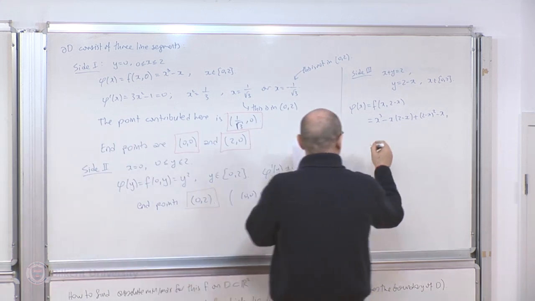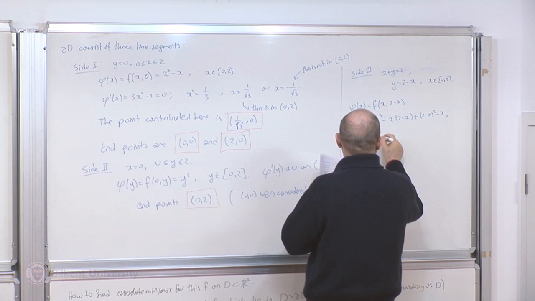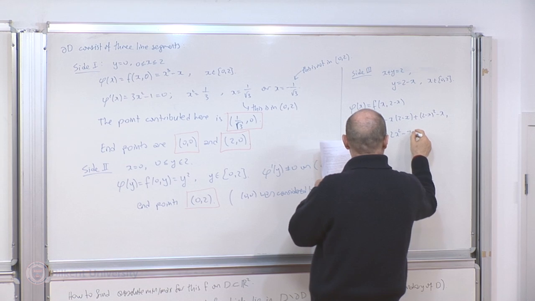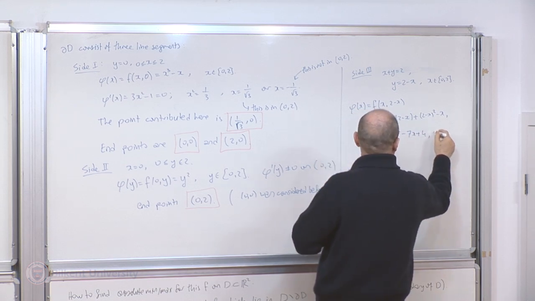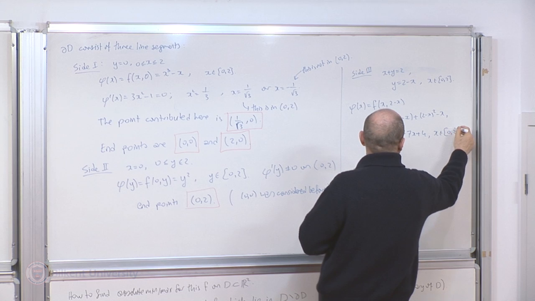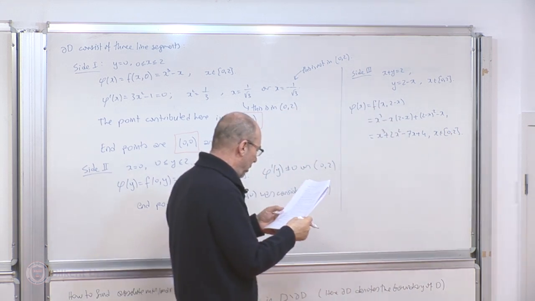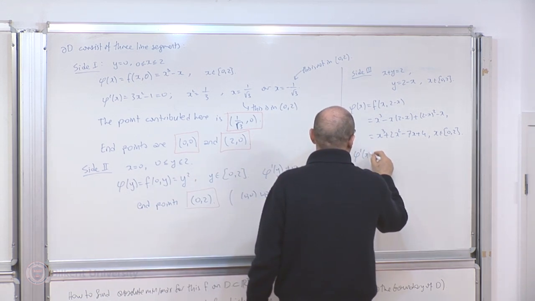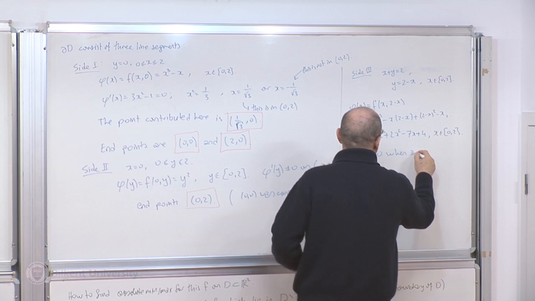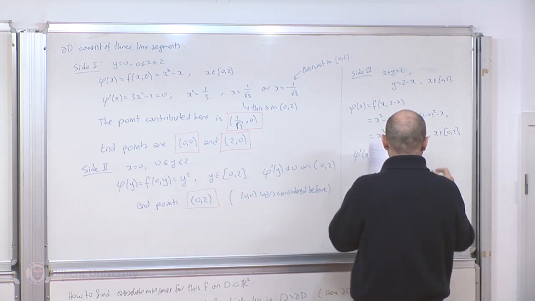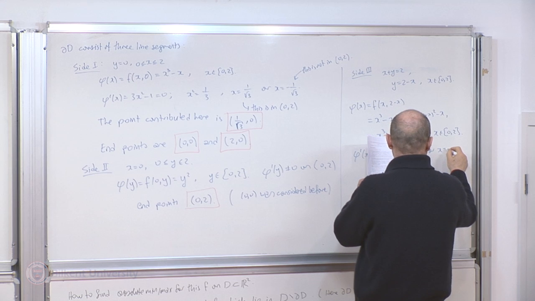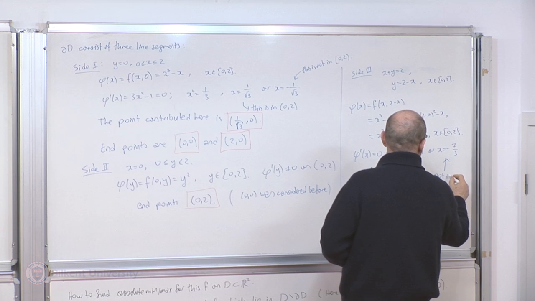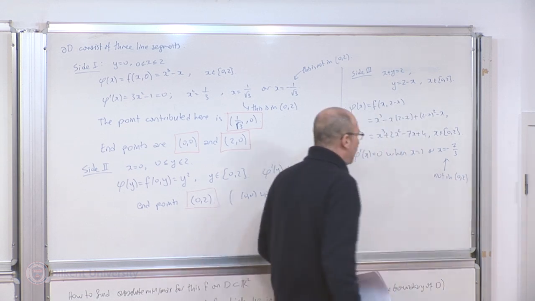So this is equal to x cubed plus 2x squared minus 7x plus 4, and x is between 0 and 2. So phi prime of x equals 0 when, I'm not calculating, just writing from here, x equals 1 or x equals minus 7 over 3. This is not in the interval, so we throw that out.